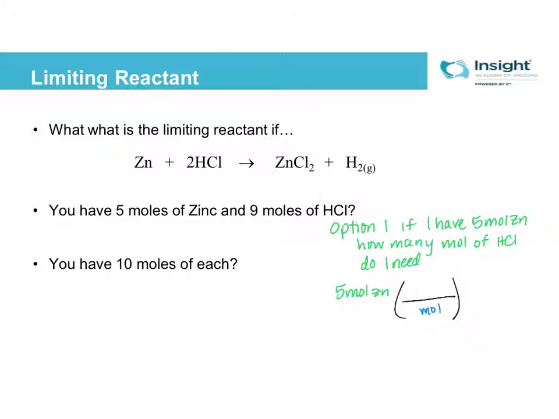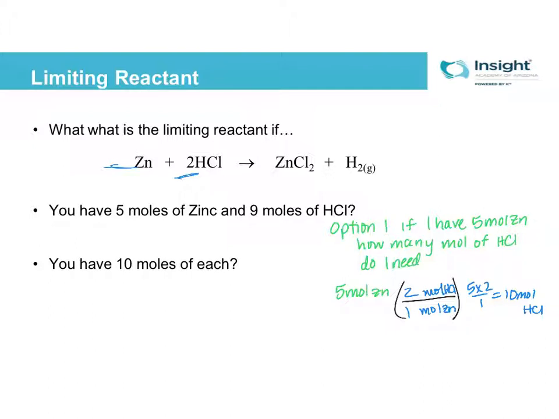You have moles of zinc down here, moles of HCl up top, and then zinc is a 1, HCl is a 2, so 5 times 2 over 1, which equals 10 moles of HCl.